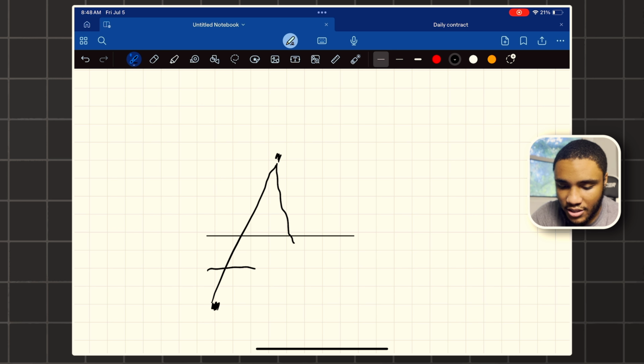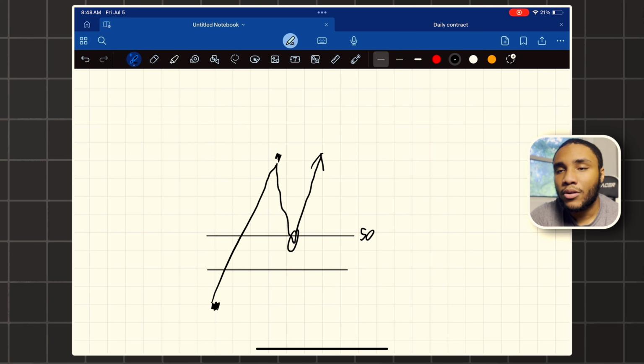This may be the 75% level, and so on. It's just simple lines that you could use as support and resistance to hypothesize where the retracement may end. Let's say this is the 50% level right here. You're looking to buy here and then take it back up to the highs, or expecting it to make new highs.